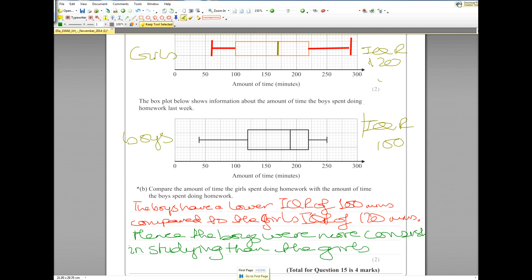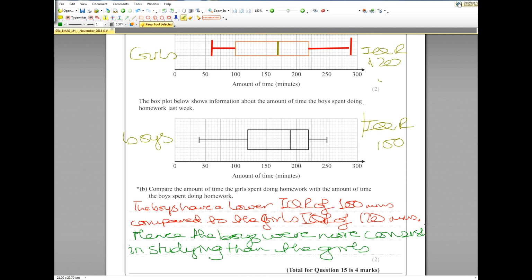So we're putting it in context. Or you can even say studying for a higher number of minutes than the girls. But it's the consistency. So the boys were more consistent in studying than the girls were. There's more spread in the girls' data. Okay, are we happy with that?